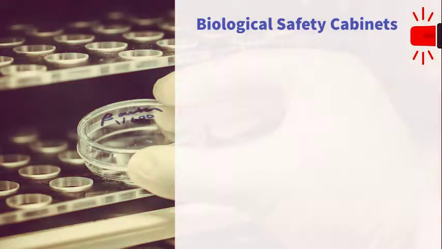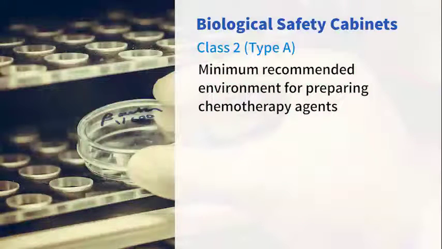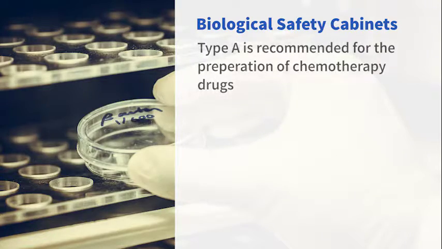There are 2 types of cabinets: a Class 2 Type A and a Class 2 Type B. The Type A represents the minimum recommended environment for preparing chemotherapy agents. The Type B have a greater intake air velocity and are vented outside of the building. Chemotherapy drugs can be prepared in either type, but are recommended in Type A.